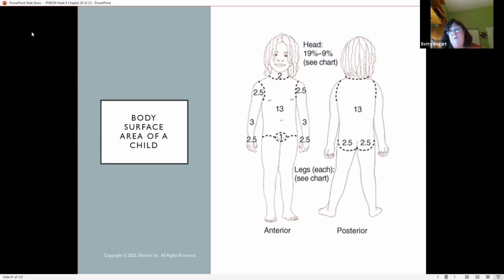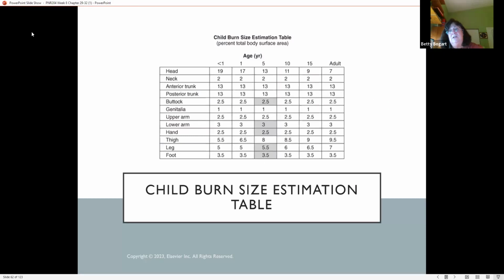And then, of course, prevention of infections. So that's the whole table there. Now, just to know that there are areas. This is not something that we're going to say, all right, you're burned here, here, here. How much percentage is it? No, we're not going to do that to you.